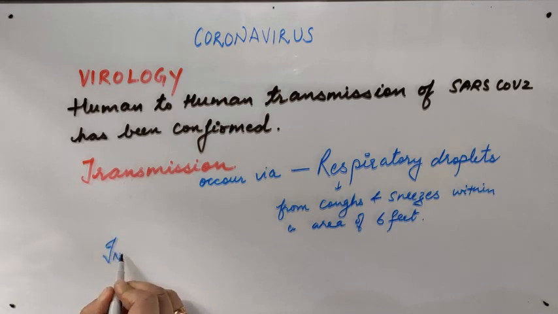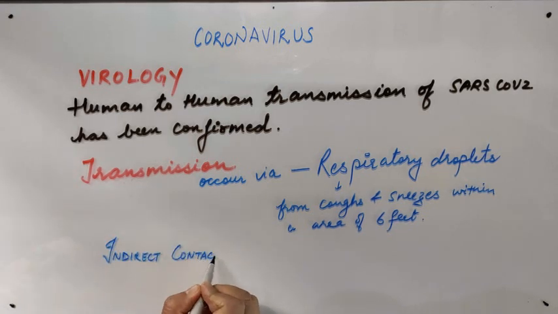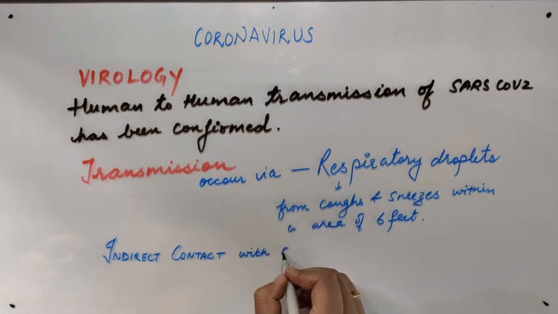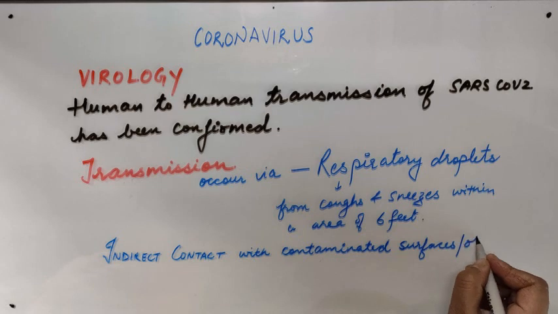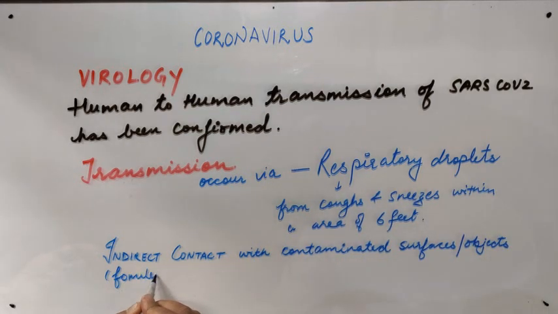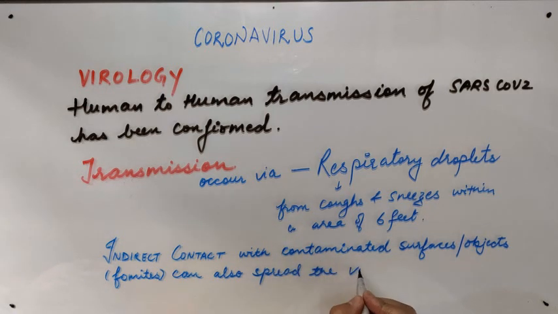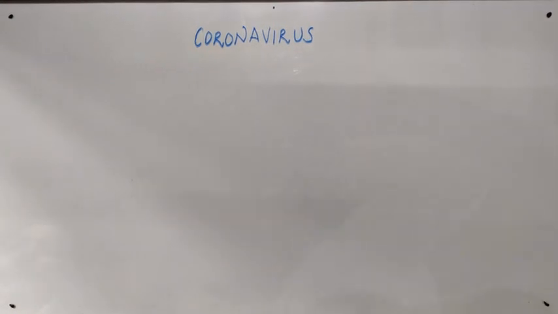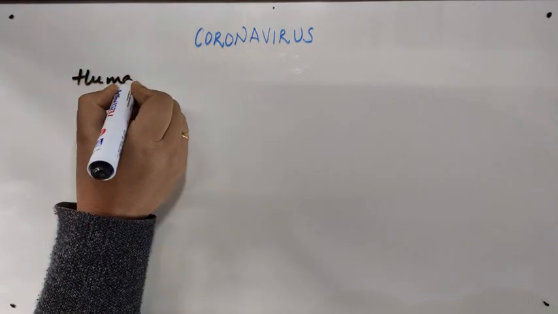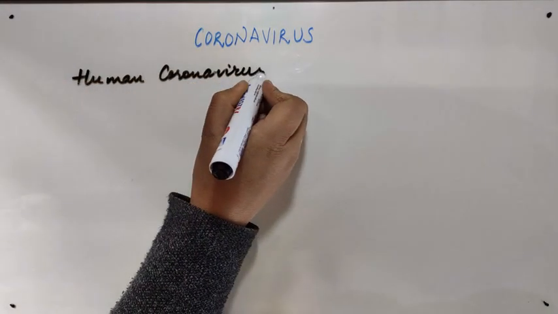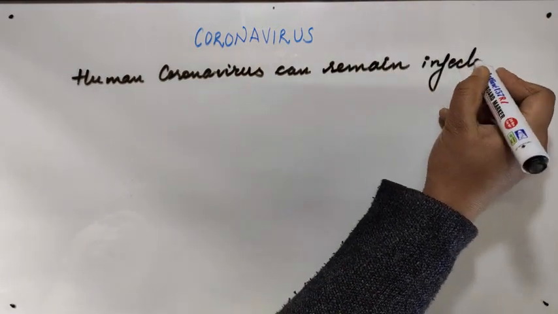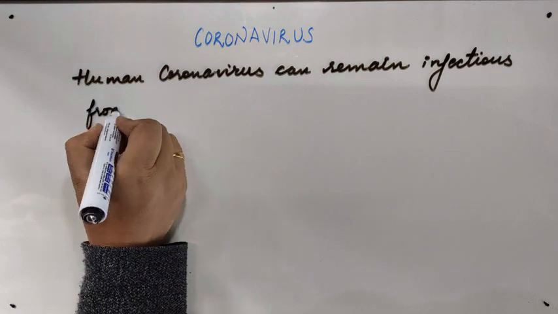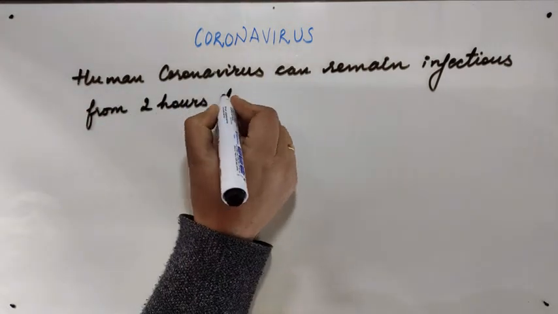Also, indirect contact with contaminated objects or surfaces, which are known as fomites, can also spread the infection. Now, human coronavirus can remain infectious from 2 hours to 9 days.